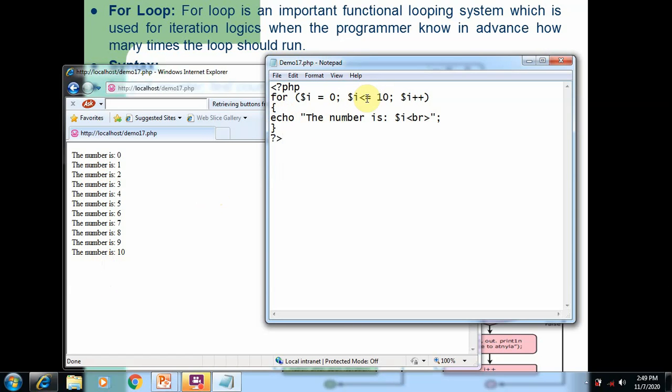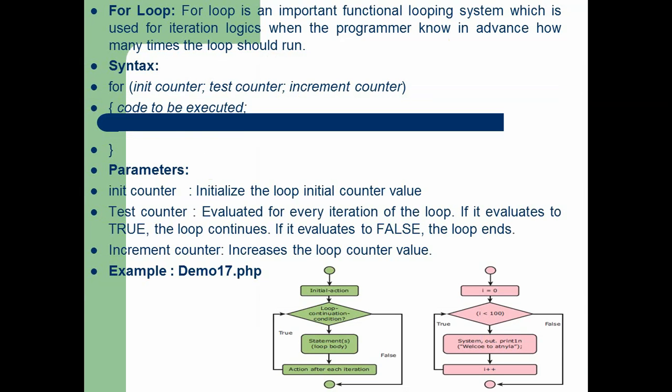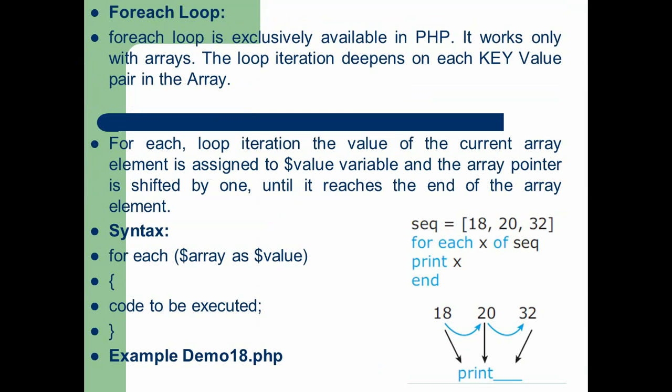So this is a very simple loop statement, the for loop, which helps programmers in writing many complex programs. Now we are going to discuss the second loop structure, called the foreach loop.